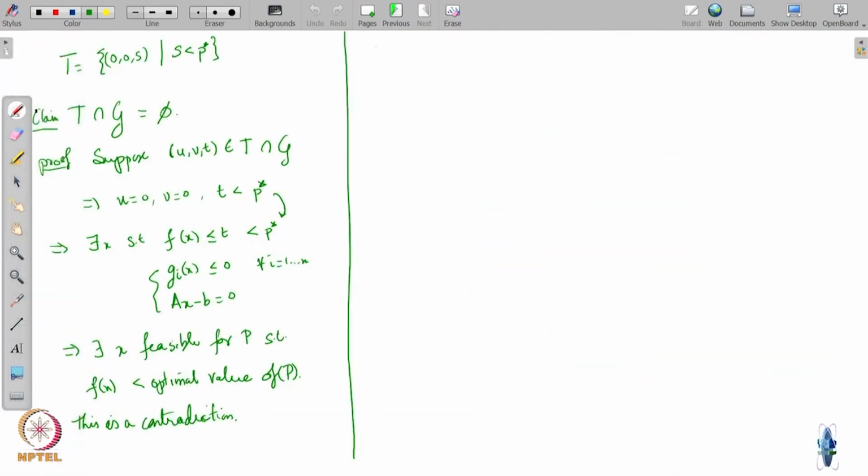T is a convex set, and G we showed is a convex set. So now what we have are these two convex sets whose intersection, by our claim here, is empty.